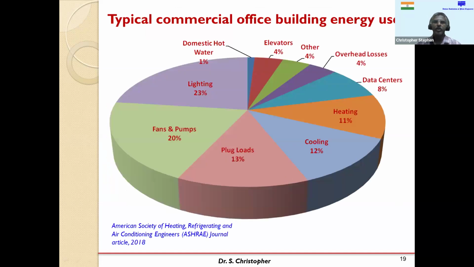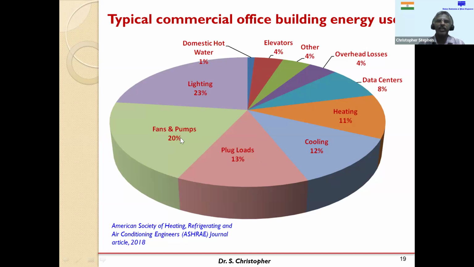Some of the case studies I have taken are from the American Society of Heating, Refrigerating and Air Conditioning Engineers. In an office building, this is how the energy is distributed. If you look here, you can see pumps and fans consume 20% of electricity, whereas lighting is 23%, and other things are almost 10%.